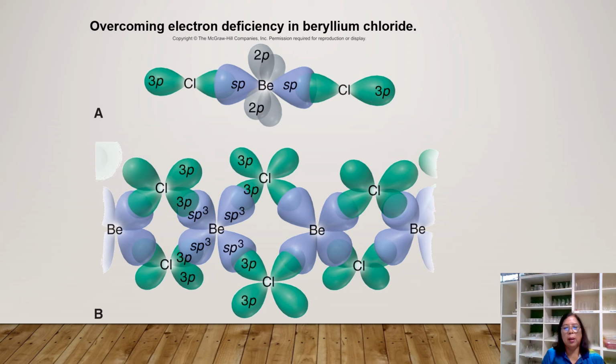And here is the electron distribution of beryllium, the electron cloud formula. So you have here beryllium reacting with chlorine. And you have here beryllium that could also still work with more chlorine.